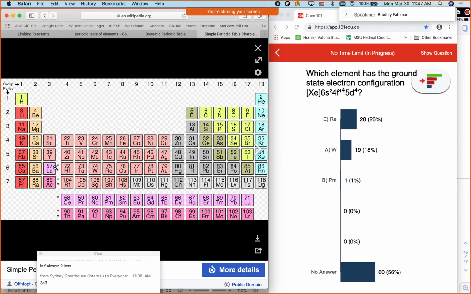And so for this, 6s2, 4f14, 5d4, you're going here, so it's 6s2, and then you do your 4f14, which is all these, and then your Ds are really from here, so it's 1, 2, 3, 4. Okay, so 5d4 would be actually tungsten.